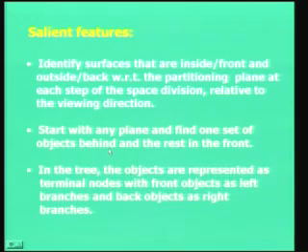In the tree, the objects are represented as terminal nodes with front objects as left branches and back objects as right branches. So, I already told you, the binary tree will have a left subtree and a right subtree, and the left subtree will contain all the polygonal faces which are in the front with respect to that plane.